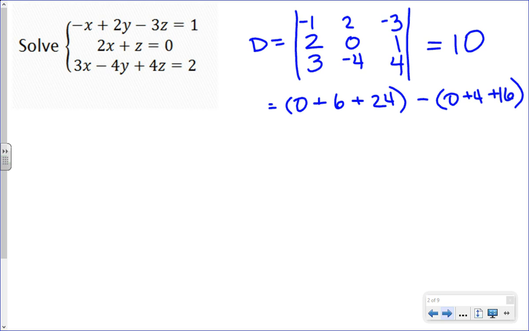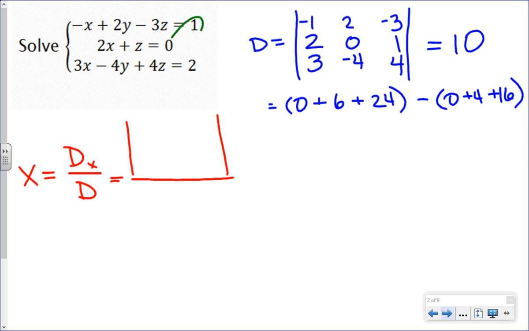All right. So that is going to be the denominator for each fraction that we set up. When we go to find x, we are going to take d sub x over d. What does that mean? We are going to find the determinant of the matrix when the x column is replaced with these numbers right here.